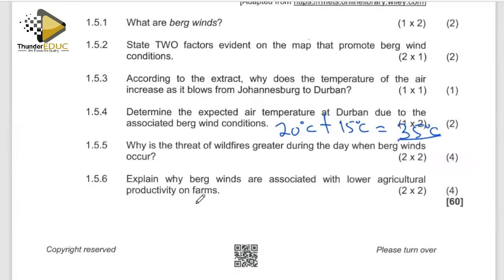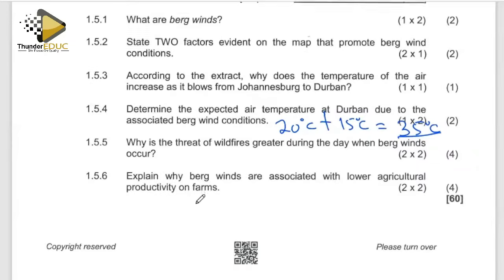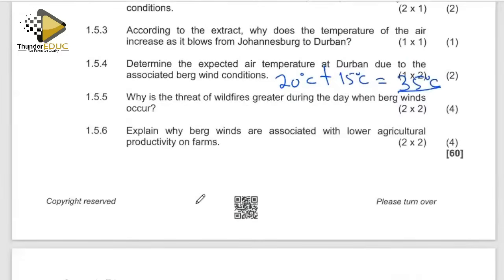Why is the threat of wildfires greater during the day when backwinds occur? Why are backwinds most likely to cause fire conditions over the coastal areas during the day? We can justify that by looking at the frictional effect.